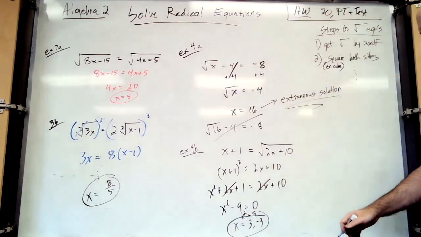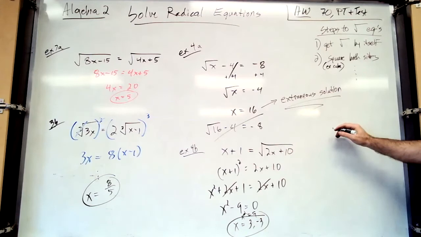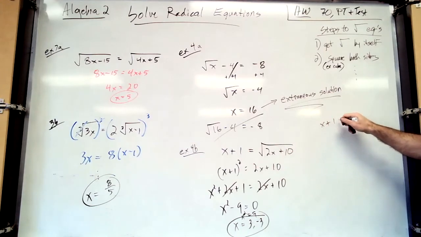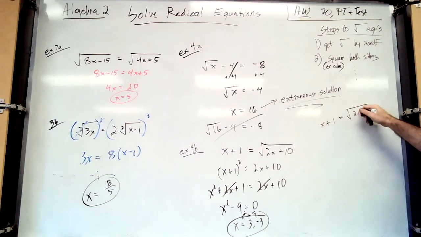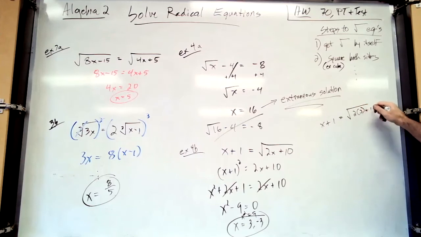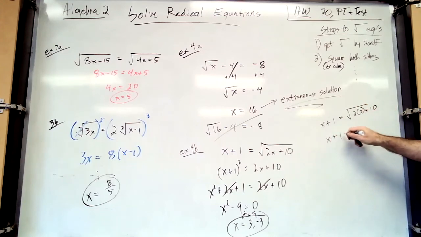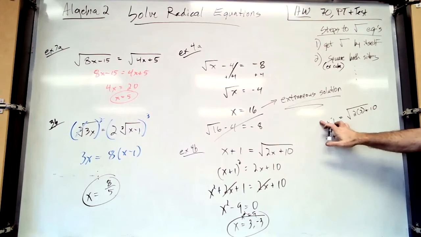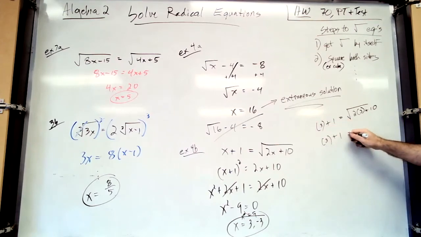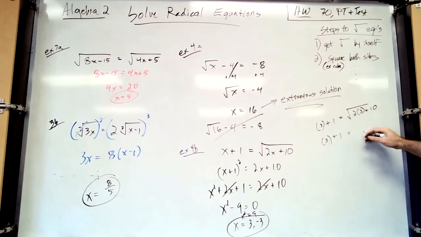So let's test them. So what happens when 3 is in there? x plus 1 equals square root of 2 times 3 plus 10. So 3 plus 1 equals the square root of 16. So 4 equals 4, check.